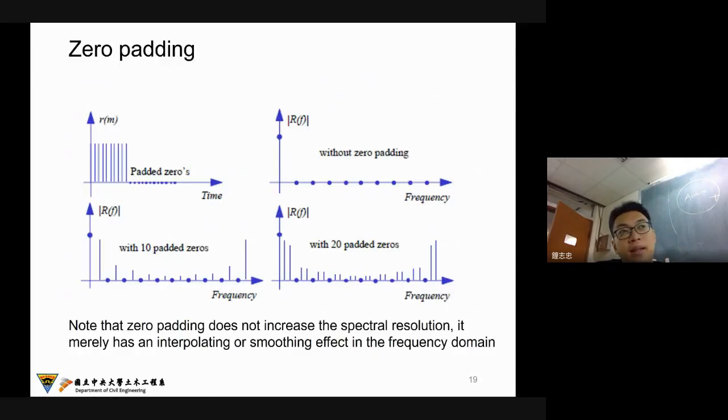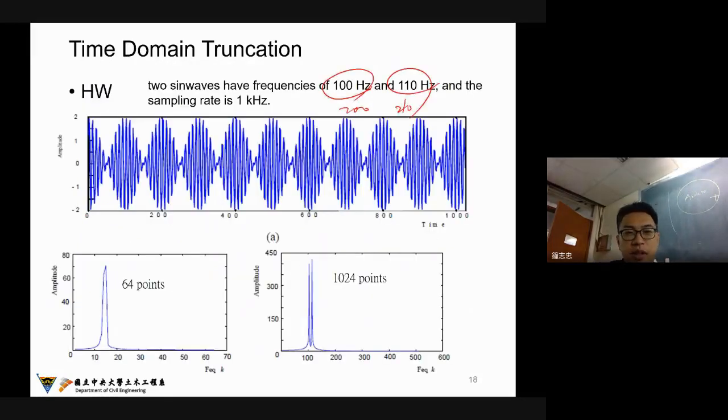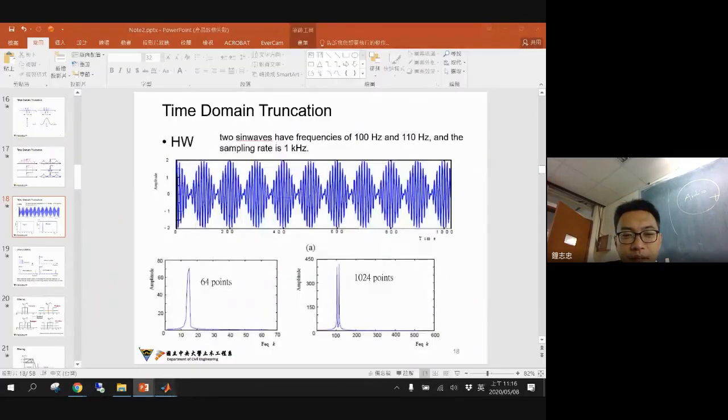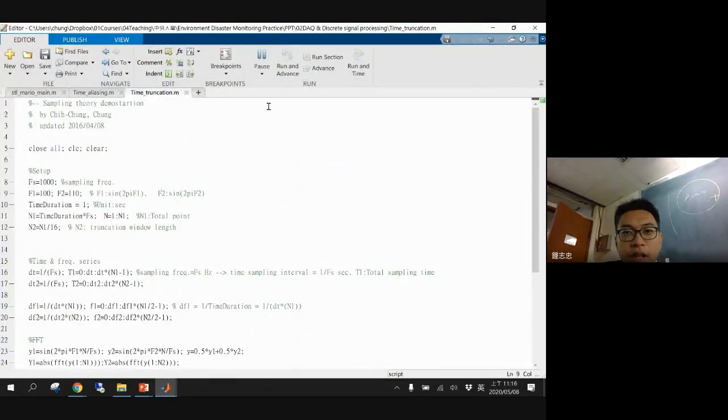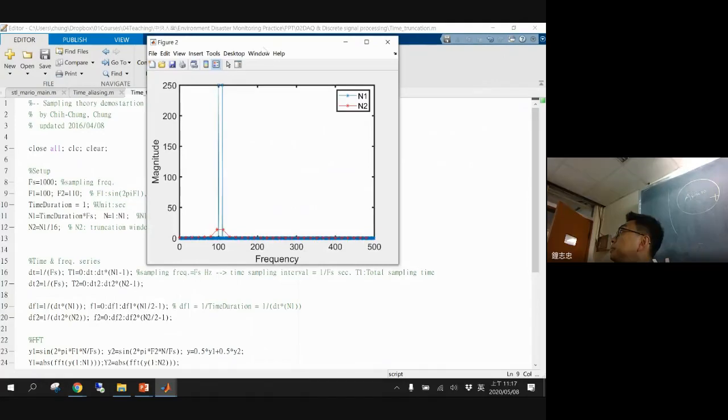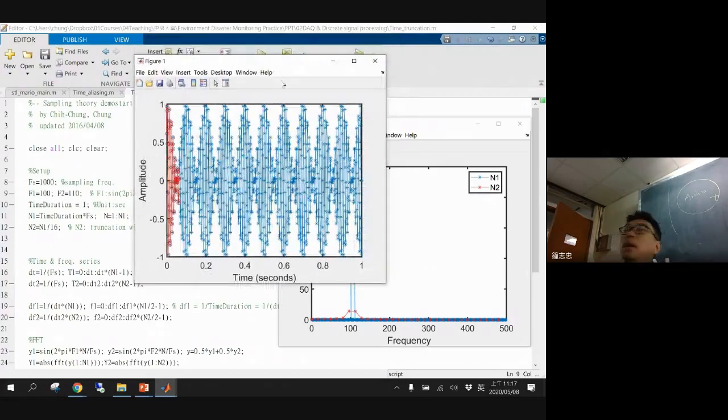But someone would say, Professor, if I only have the truncation of this, but sometimes we try to extend the duration of the sampling time, I mean, I try to extend to a larger big T, right?